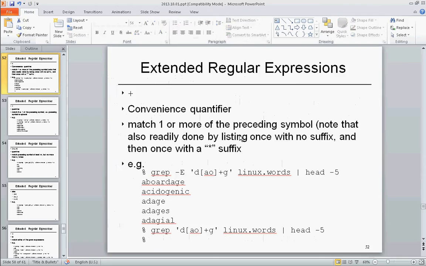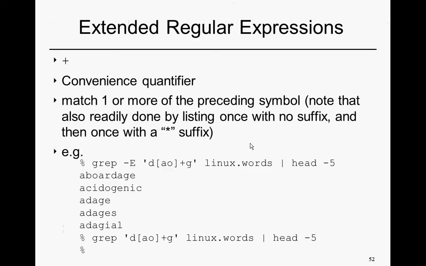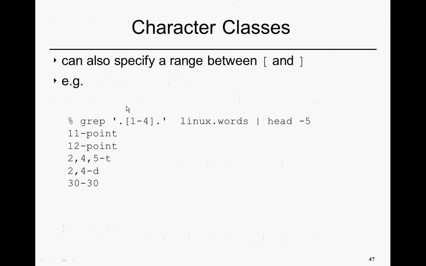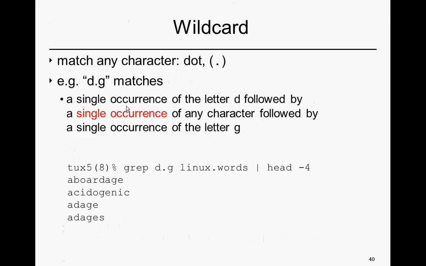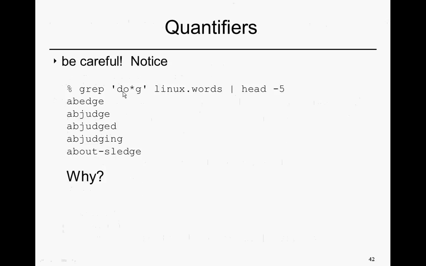You'll recall that we had previously defined a metacharacter that matched 0 or more of the preceding symbol, and it was what? Think about it. It was the star character. So if we had dot star, it could be any character. It could match 1 character, 2 characters, 3 characters, etc. But also 0 characters. So if we had D-O star G, it would not only match dog, but it would also match things like DG.